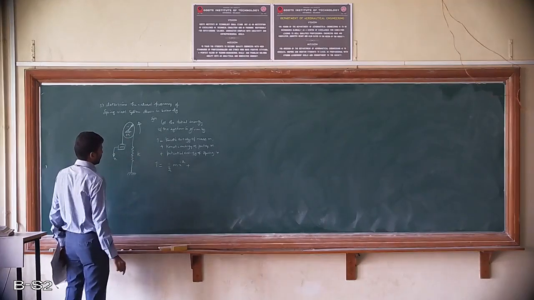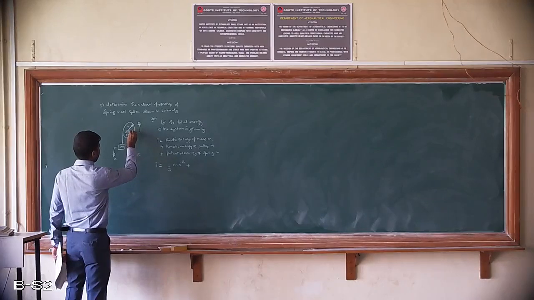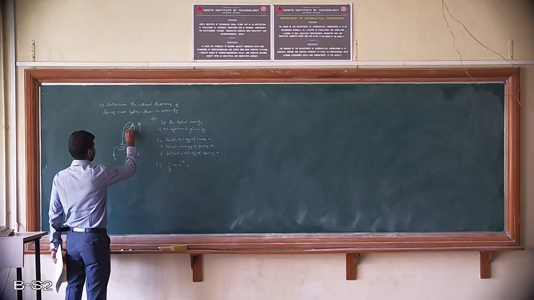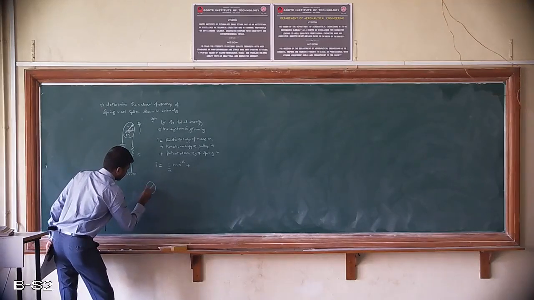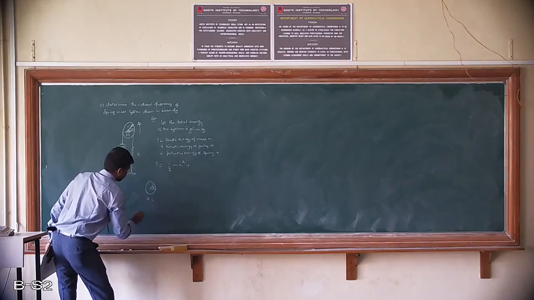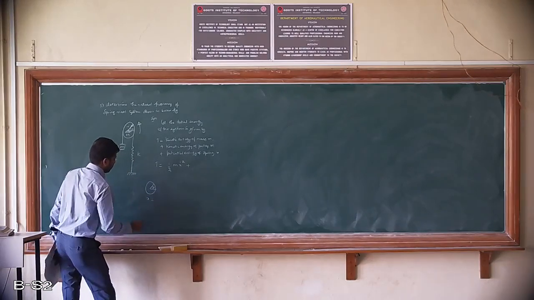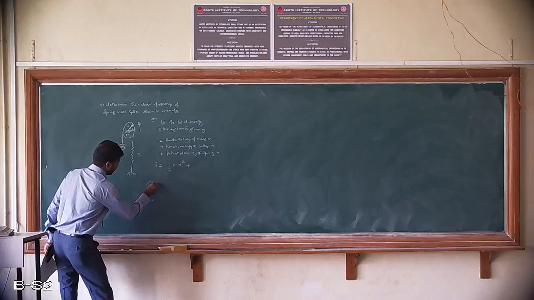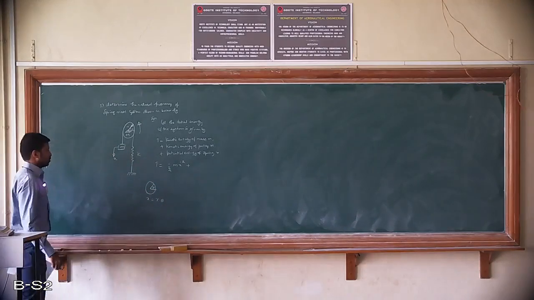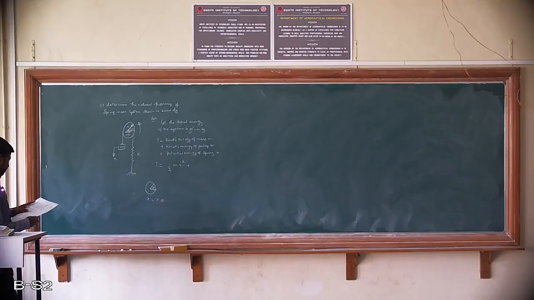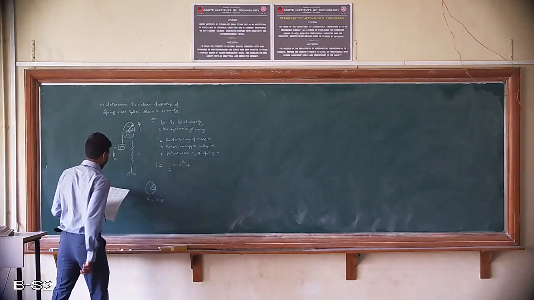Now the kinetic energy of the pulley. How is it going to move? It moves through an angle theta. So if this is the pulley, it moves through an angle theta. What is the displacement? x is equal to r into theta, since it moves through a radius r through an angle theta. The potential energy of the spring is half into k into x square.